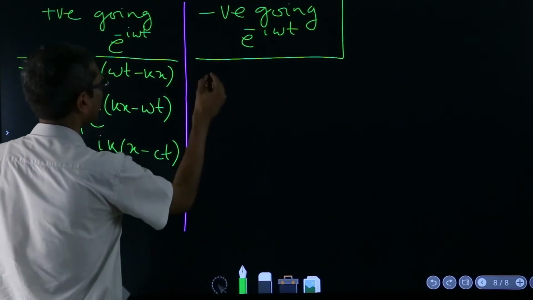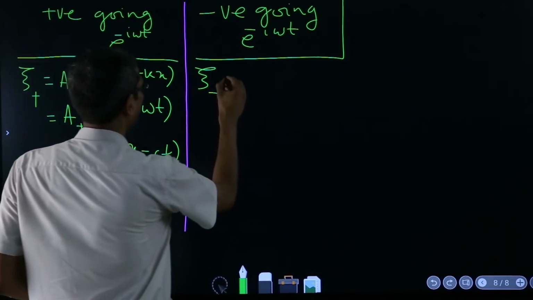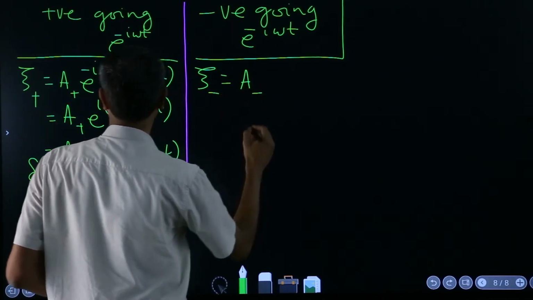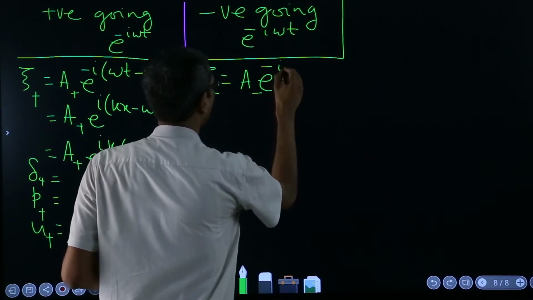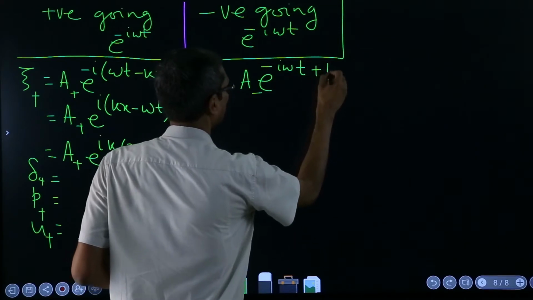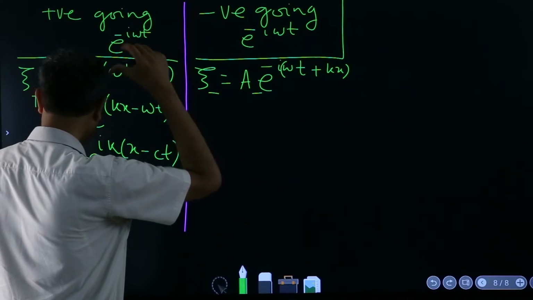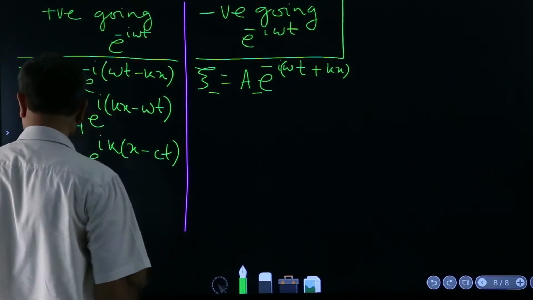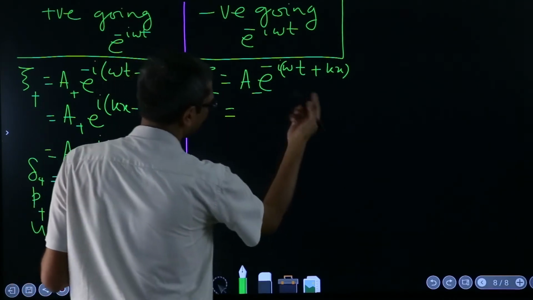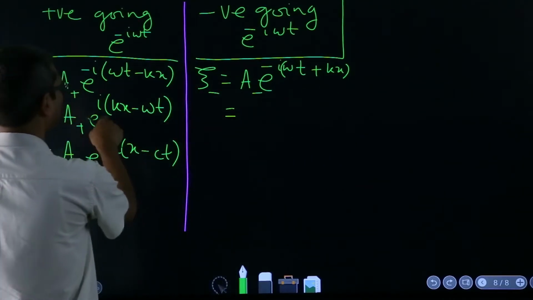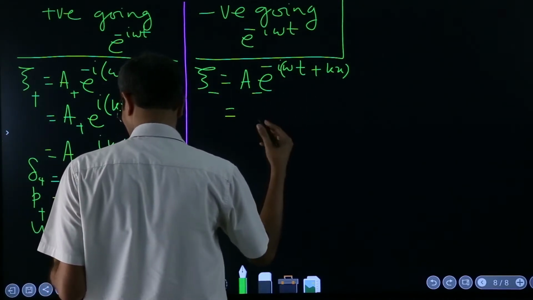Okay. So you will write xi minus, and this will be a minus e raised to minus i omega t plus kx, right? Here this version hardly matters, the switching of that doesn't matter.